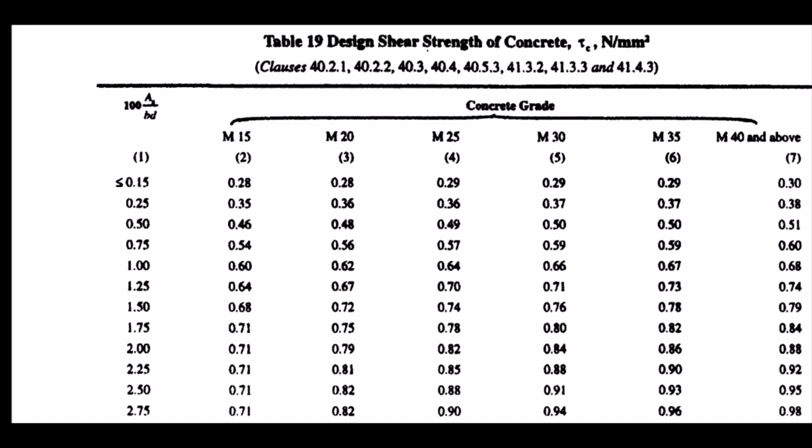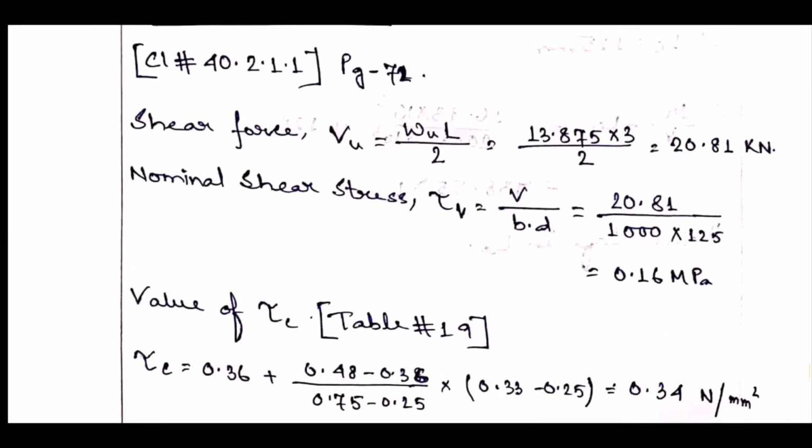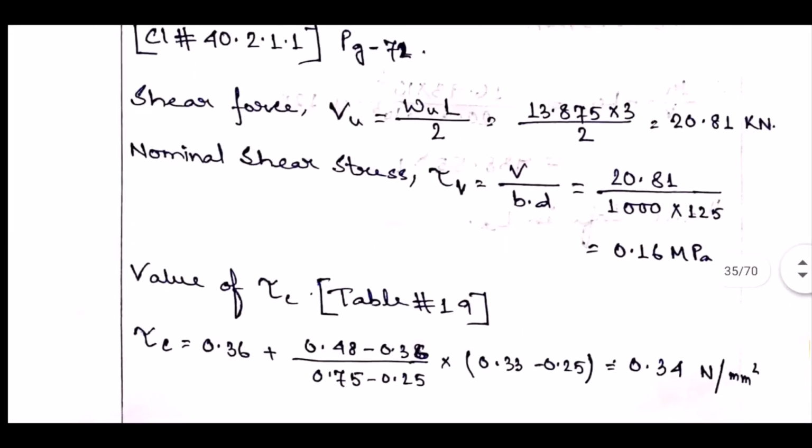We have to find that with the interpolation method. Let's go to the code, then go to the notes. Now look, the value of tau C from table number 19, as you see, we have to interpolate. So the value of tau C is 0.36 plus (0.48 minus 0.36) by... this will be 0.5, not 0.75, mistakenly written here.